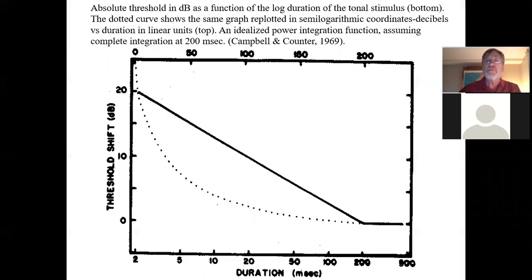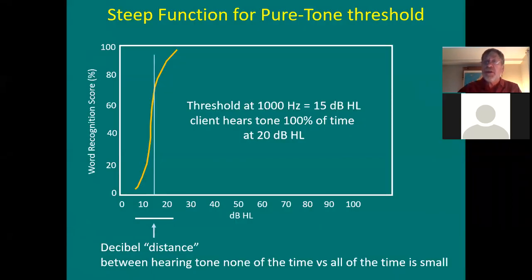Okay. If that's the case, that's why I drew the line here at 15. And at 15 dB, he will usually hear 1,000 hertz about 75% of the time. Using the ascending, descending technique, you'll usually have 2 ascending responses at 15 dB.